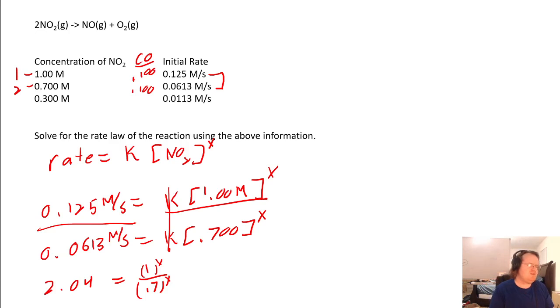I'm going to solve it assuming I don't know that, because you're not always going to have a concentration that's exactly 1. As long as both of our bases are raised to the same power, you can group them together. So this is the same thing as saying 2.04 equals 1 divided by 0.7, all to the x. You can group them together.